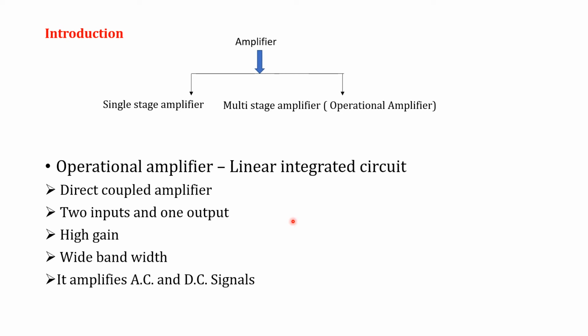Such operational amplifiers are widely used in audio, video amplifiers, oscillators, and voltage regulators. If we connect external components to its terminals, the characteristics or properties of the circuit change and it becomes used for a particular application.